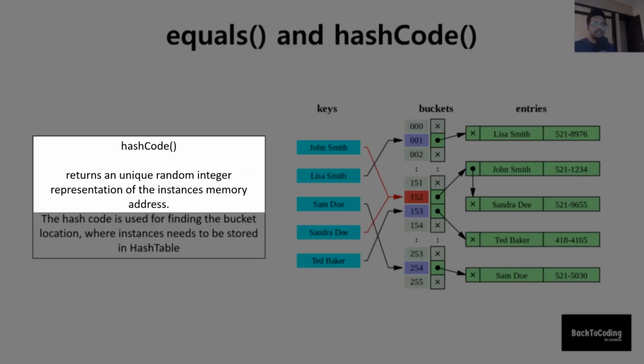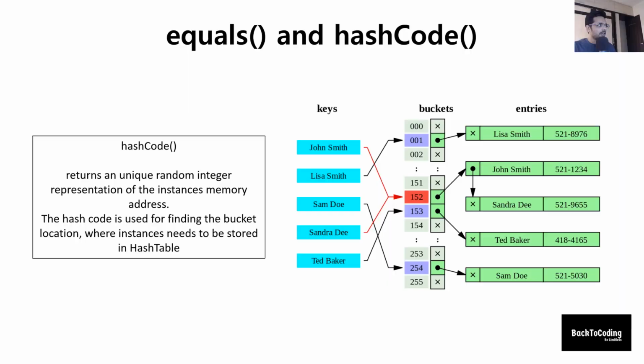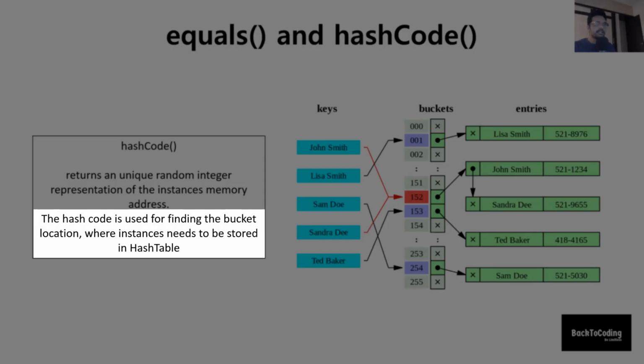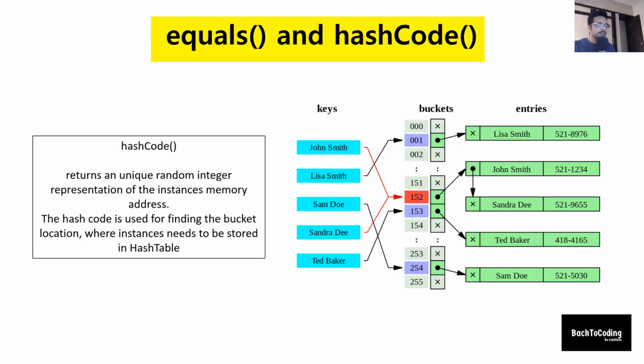The hashCode method returns a unique random integer representation of the instance's memory address. The hashCode is used for finding the bucket location where this instance needs to be stored in a hash table. If we override the equals method, we also have to override hashCode. Let's see what happens if we remove the hashCode method.